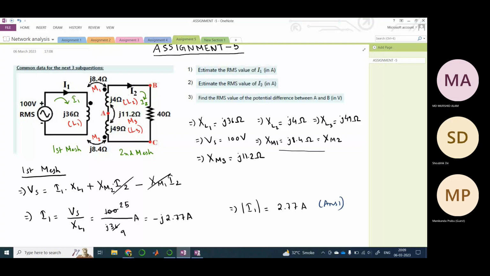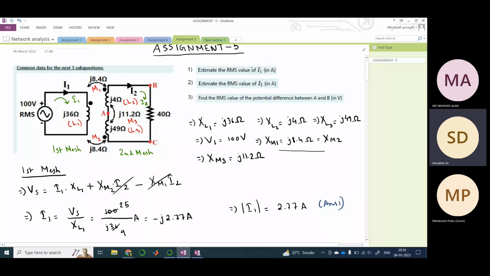You have inductor L1, inductor L2, inductor L3, and the load is connected between terminal B and C, a 40 ohm resistor. These two have a mutual inductance of j8.4, this is mutual inductance M2 of 8.4, and these two inductors are also coupled with a mutual inductance of j11.2.